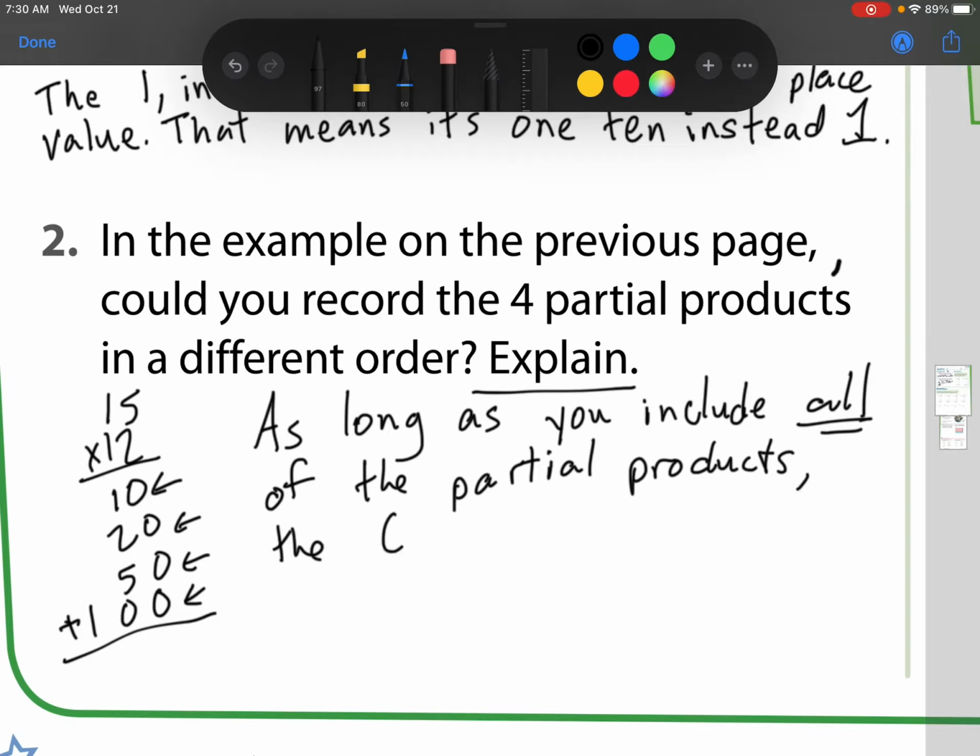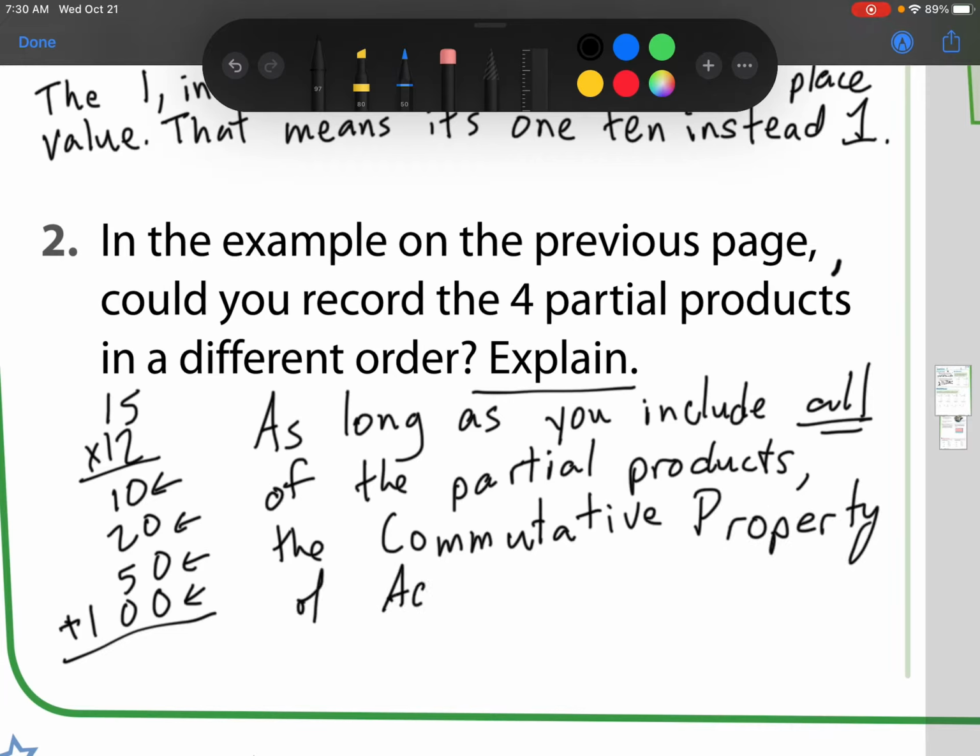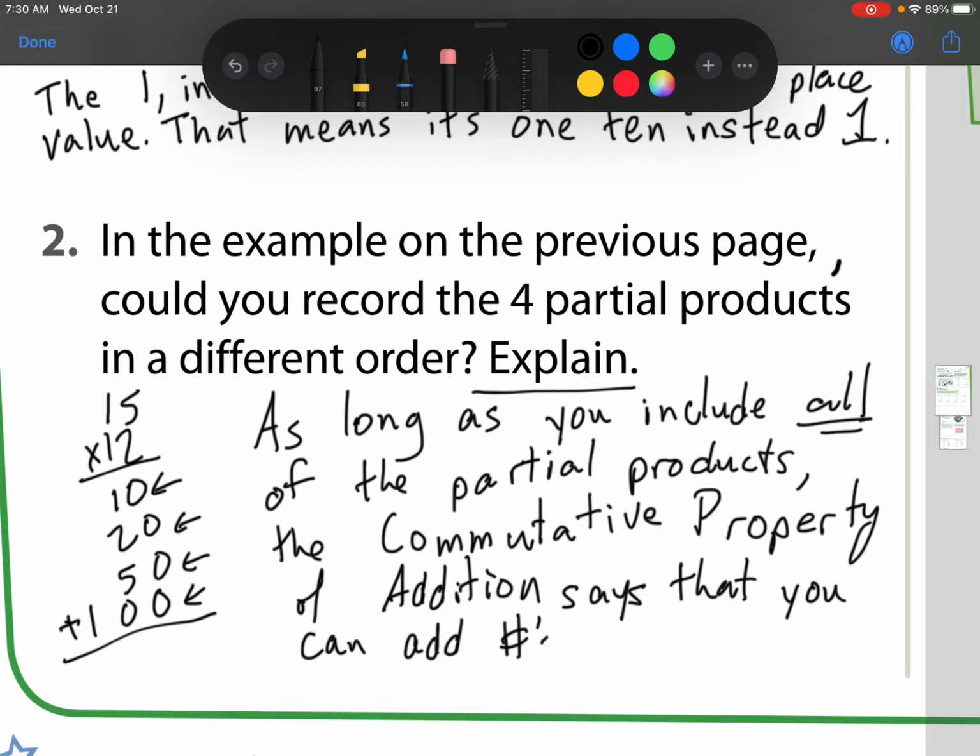The commutative, and I always have a problem spelling this word, so I have to sound it out, commutative property of addition says that you can add numbers in any order. So we could have done something like this instead.